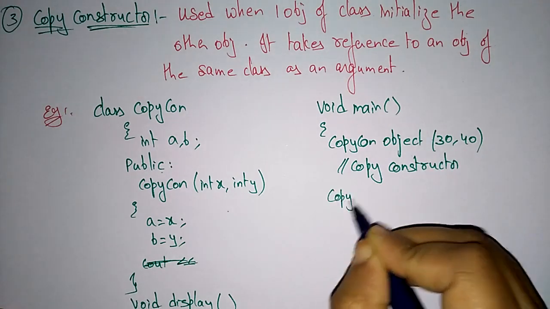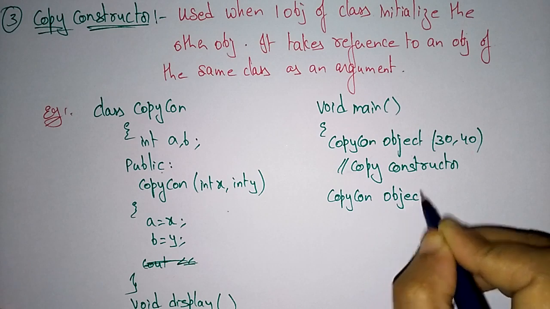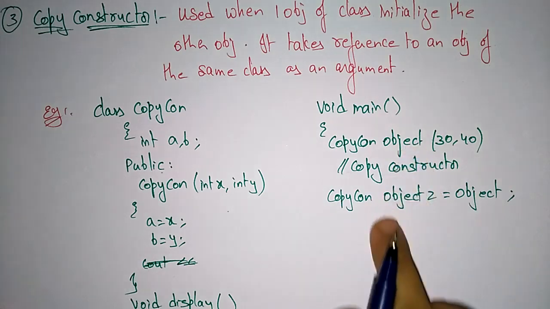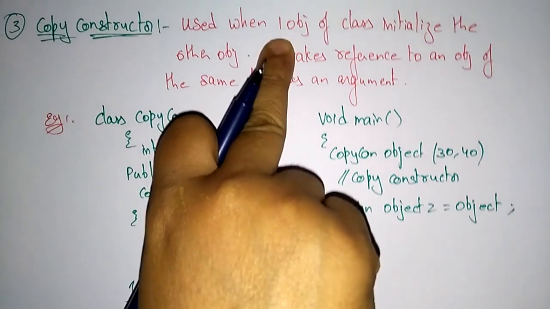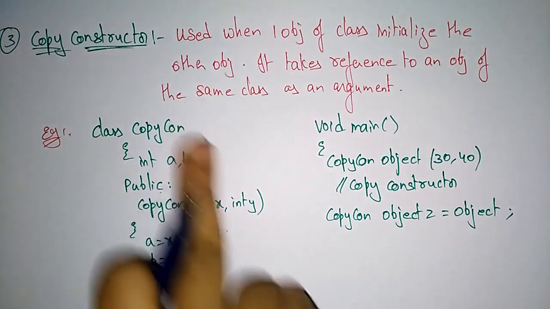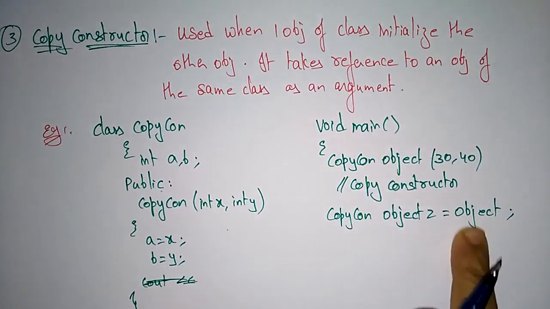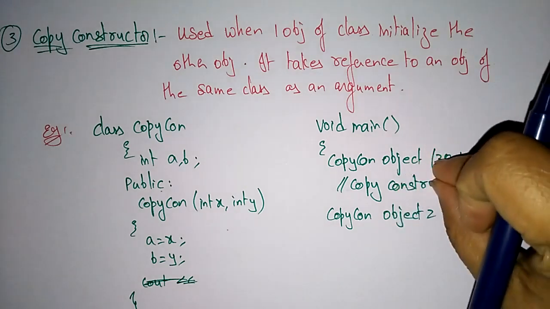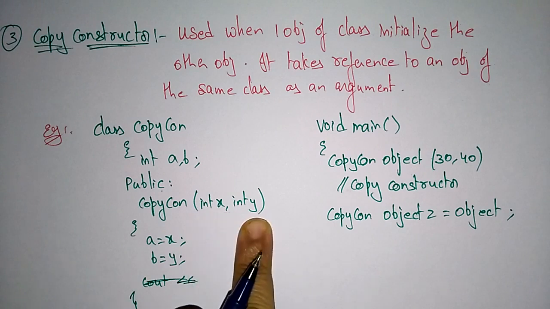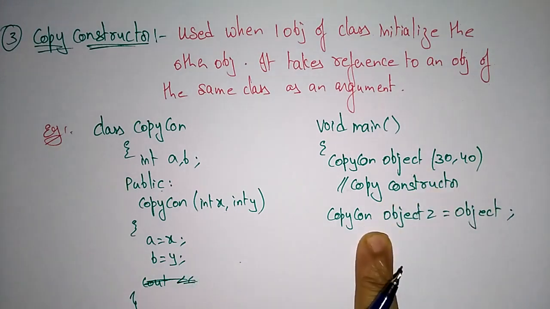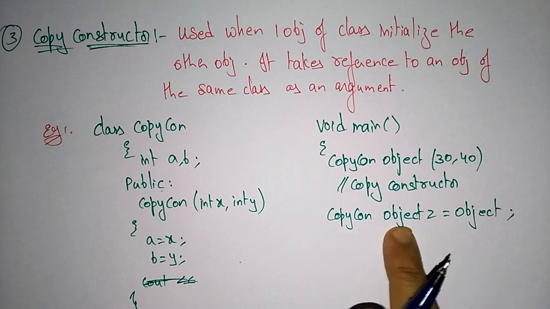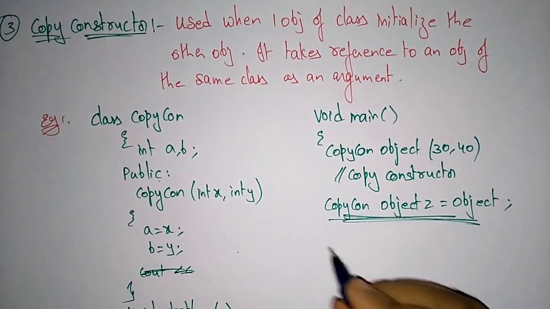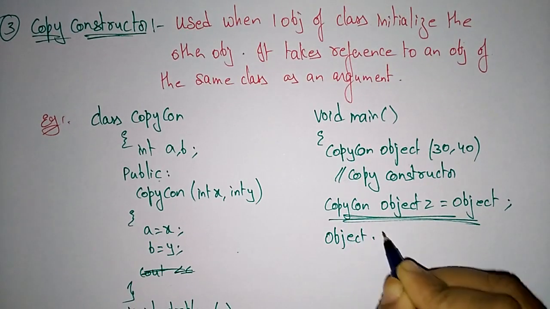Now copycon object2 is equal to object. So this object will be used here. One object of the class initializes the other object. This is a copy constructor. Here the values 30, 40 of the object will be initialized to the other object, that is copycon object2. That's why I have written copycon object2 is equal to object. Now object.display.